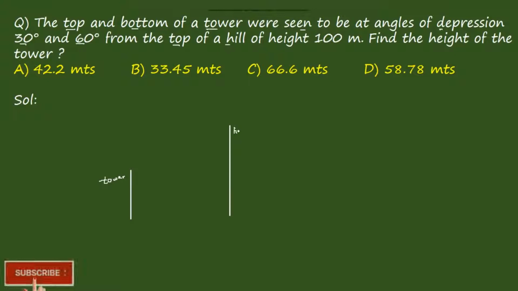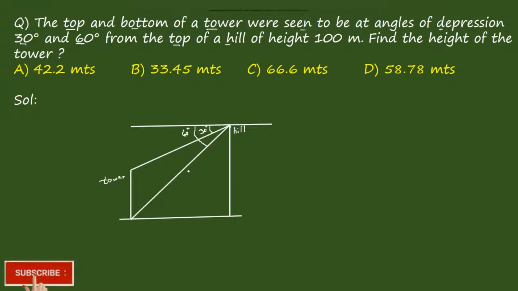It is a hill, right? From the top of the hill, the top of the tower and the bottom of the tower are being seen, and they make angles of 30 degrees and 60 degrees. So here it becomes an angle of 30 degrees, and here it is forming an angle of 60 degrees.